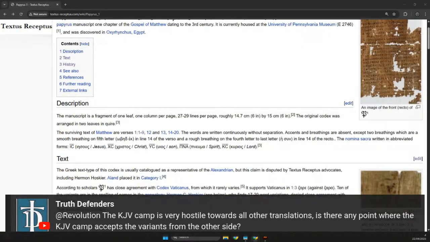Revolution Shalom. Truth Defenders says the KJV camp is very hostile toward all other translations. Is there any point where the KJV camp accepts the variants from the other side?